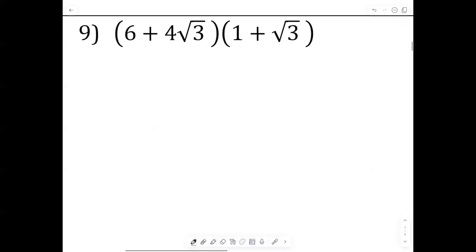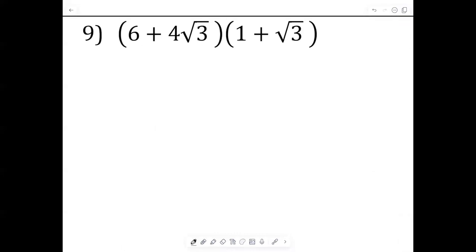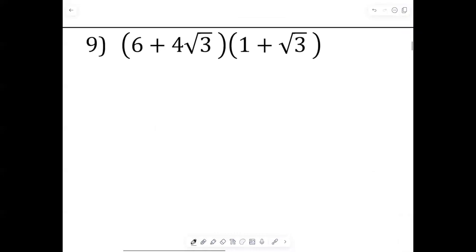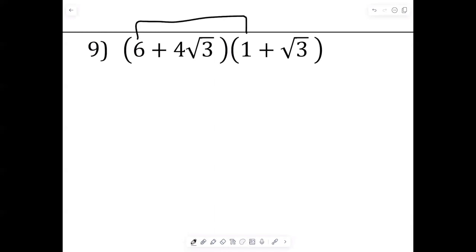Let's go. Number 9. Does the middle term cancel out here? No. So here we go. 6 times 1, 6. Smiley face number 1. What is that? 4 radical 3. Smiley face number 2.